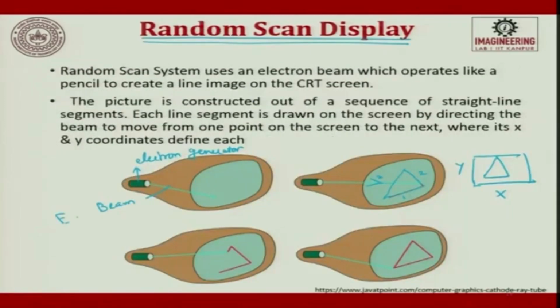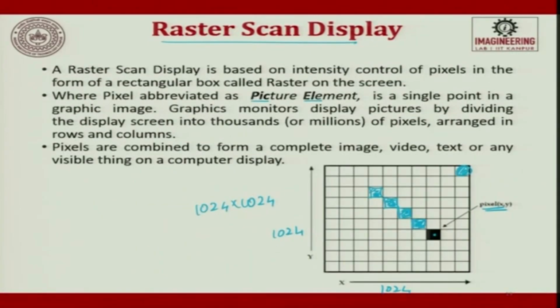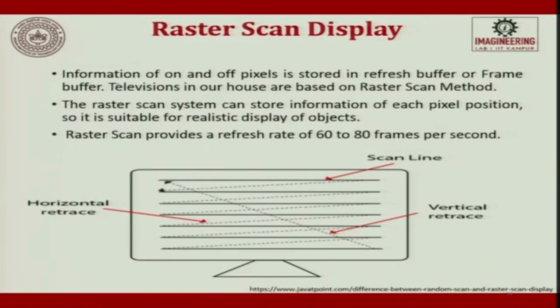First was random scan, next is raster scan. Raster scan means it goes like this. The information of the on and off pixels is stored in a refresh buffer or a frame buffer. Televisions in our homes are based on raster scan methods. The raster scan system can store information of each pixel position, so it is suitable for realistic display of objects.